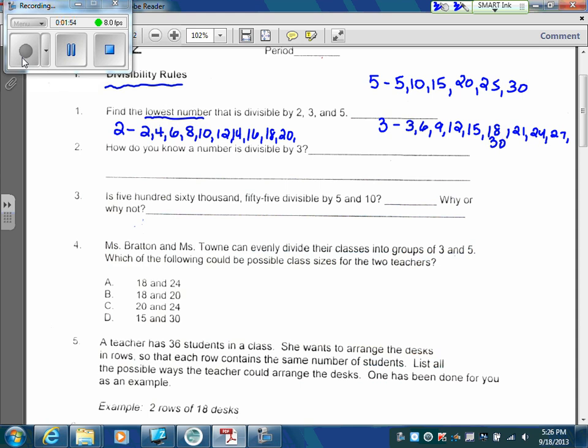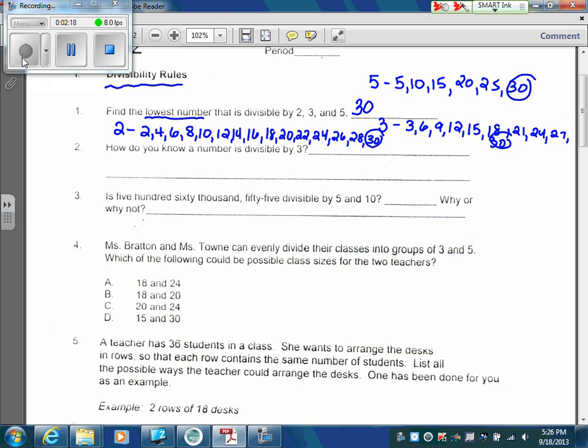I can stop at 20, so keep going. 22, 24, 26, 28, and 30. But what I notice is in all of them, I have a 30. So that's the first number I have that is going to be divisible by all three of those, 2, 3, and 5.